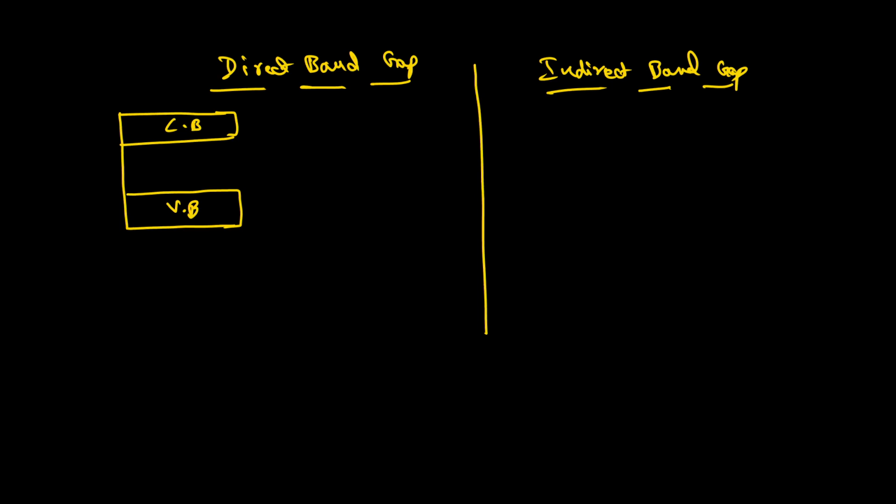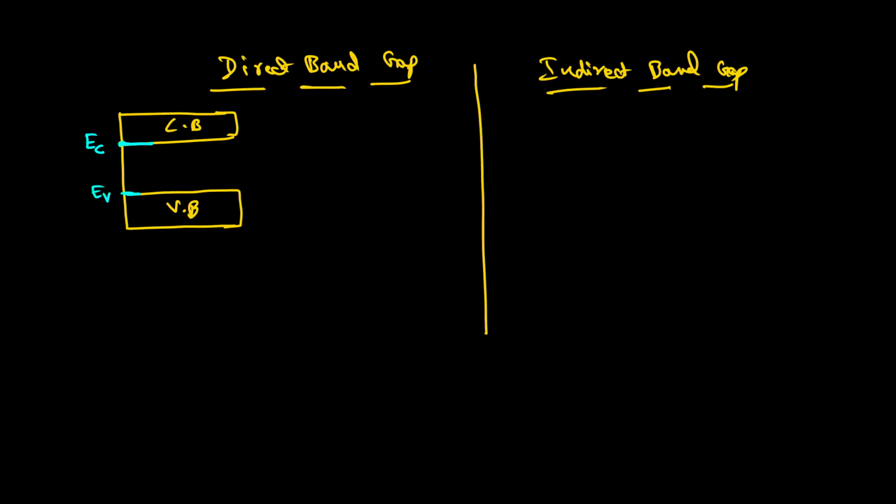Now I am writing this level, indicating it in blue color. This level is the lower surface energy level of the conduction band. This one I am writing as EC. And similarly the upper surface energy level of the valency band is EV.